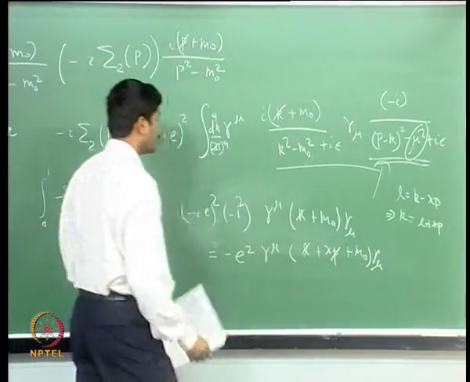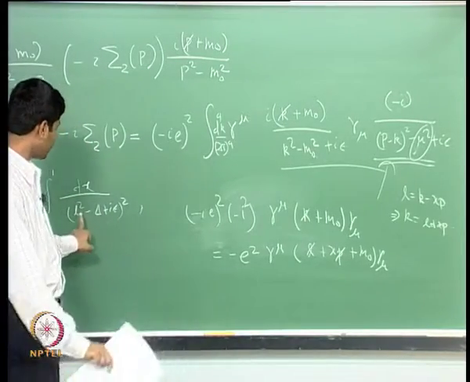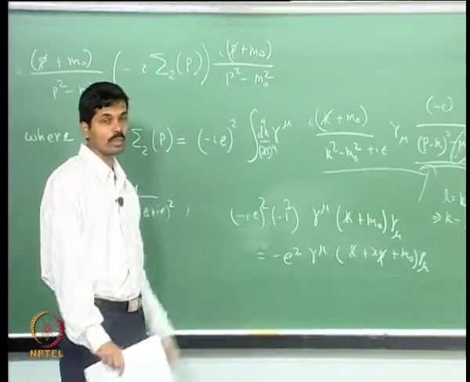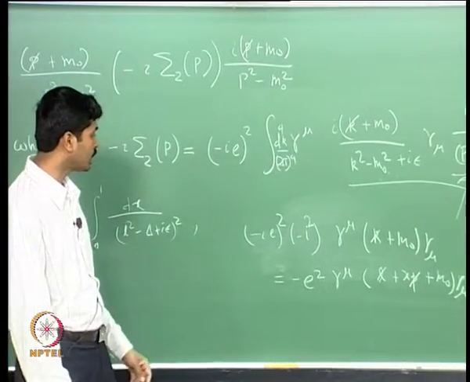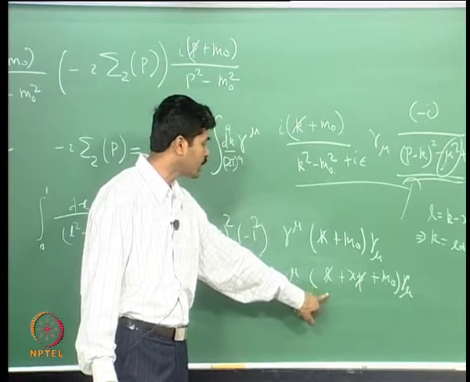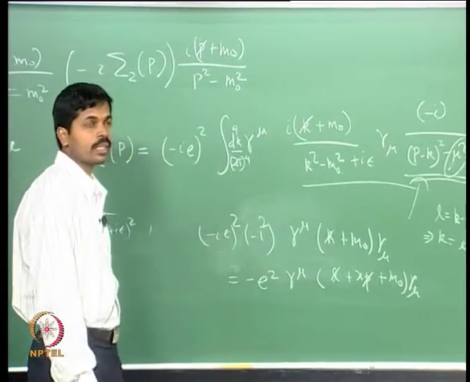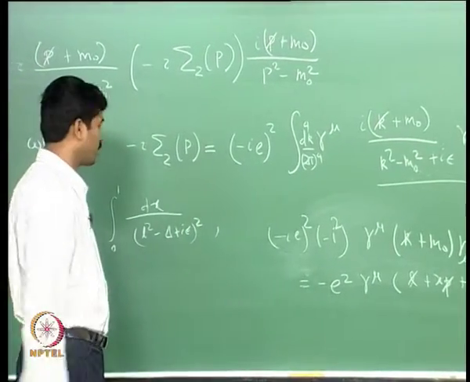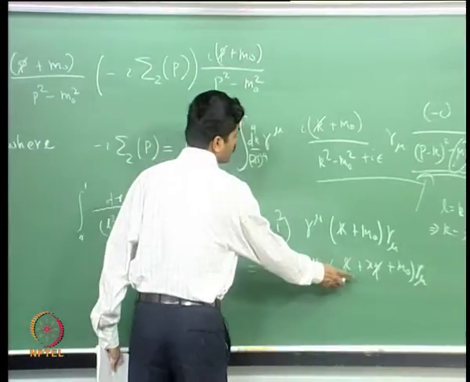But now, the denominator has only L square, and L takes all values from minus infinity to plus infinity. Therefore, the term which is linear in L in the numerator will be an odd function of L, and when it is integrated over all values of L, it will give you 0 contribution.